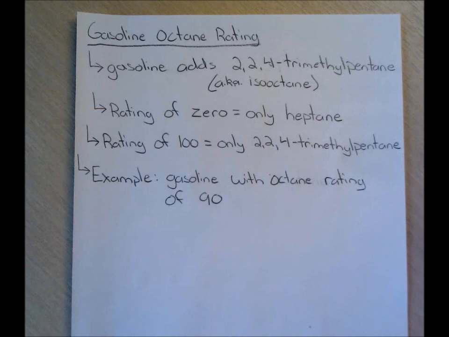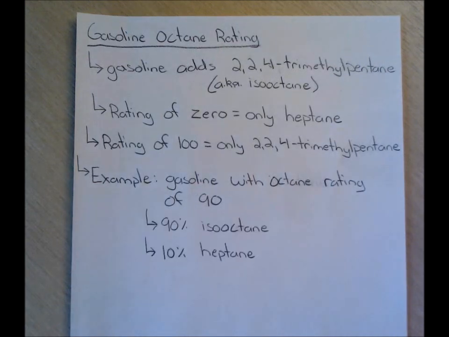If you were to get a gasoline with an octane rating of 85, you'd have 85% isooctane and the other 15% heptane. So that's how they rate the gasoline when you select it at a gas station.